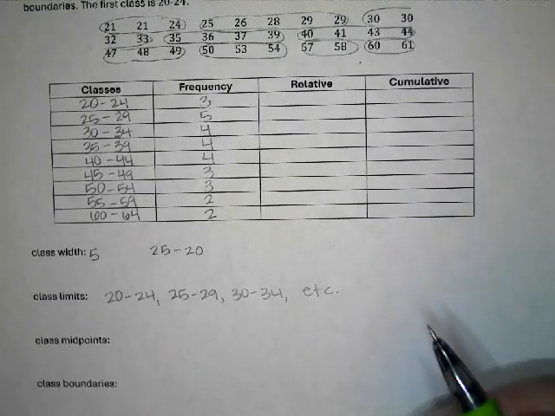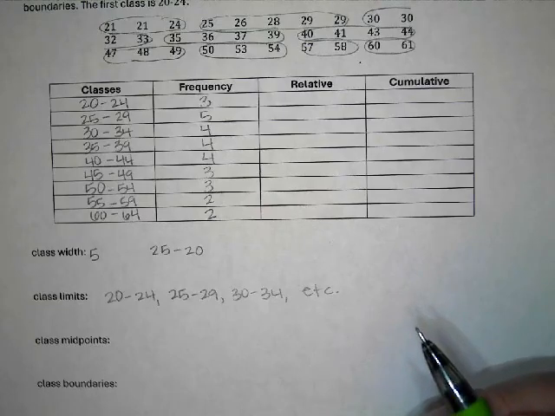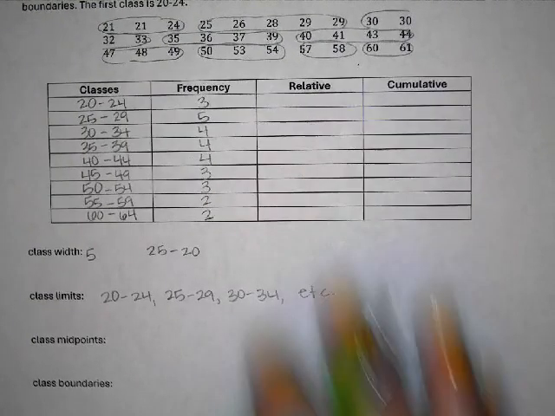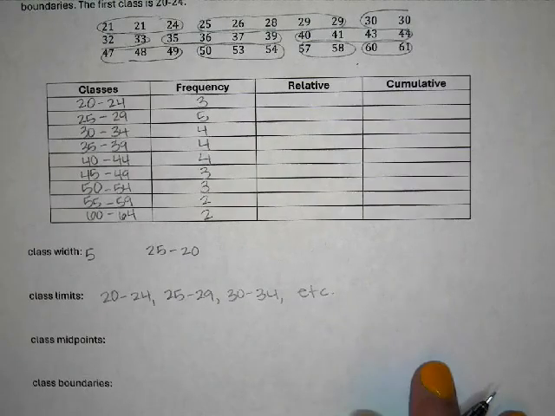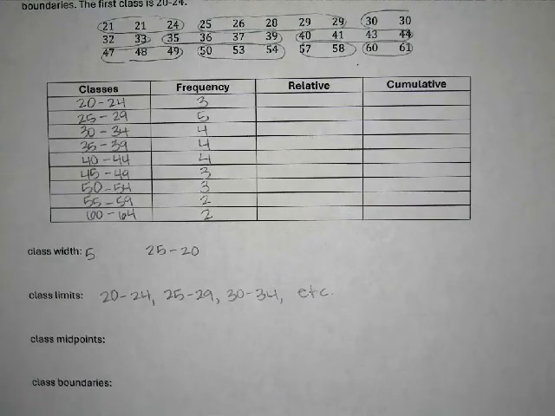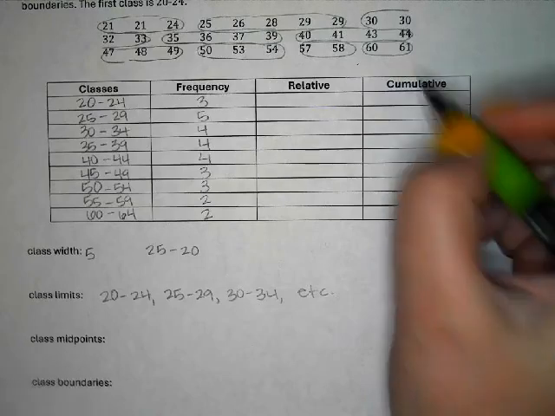Let's go ahead and find the other 2 columns, and then we'll figure out the class midpoints and the class boundaries. The other 2 columns, the relative frequency distribution, is referring to what percentage of the whole these data points are.